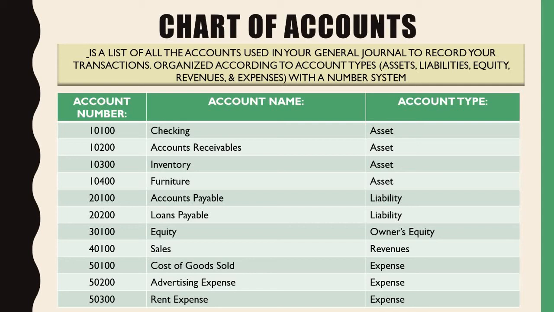So again, the chart of accounts can always be built upon. You can always keep adding. You can get rid of accounts if you'd like. But the idea here is that you need to at least recognize a chart of accounts must exist in order for you to start your accounting.